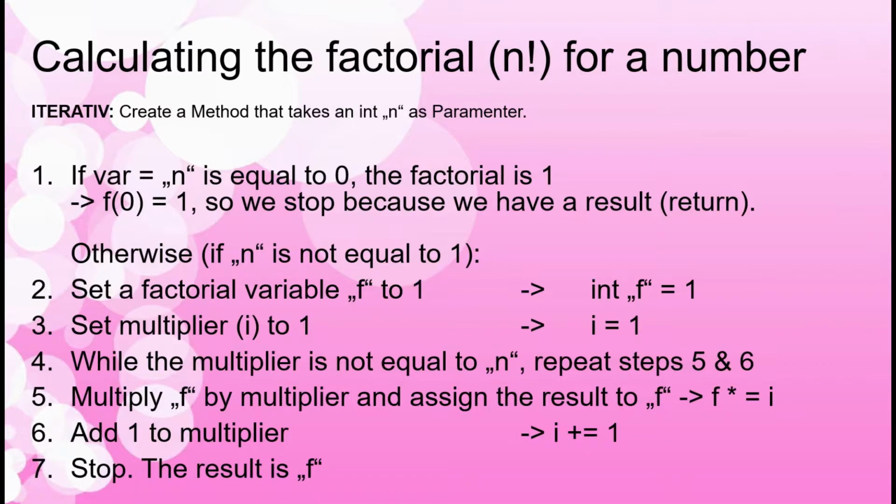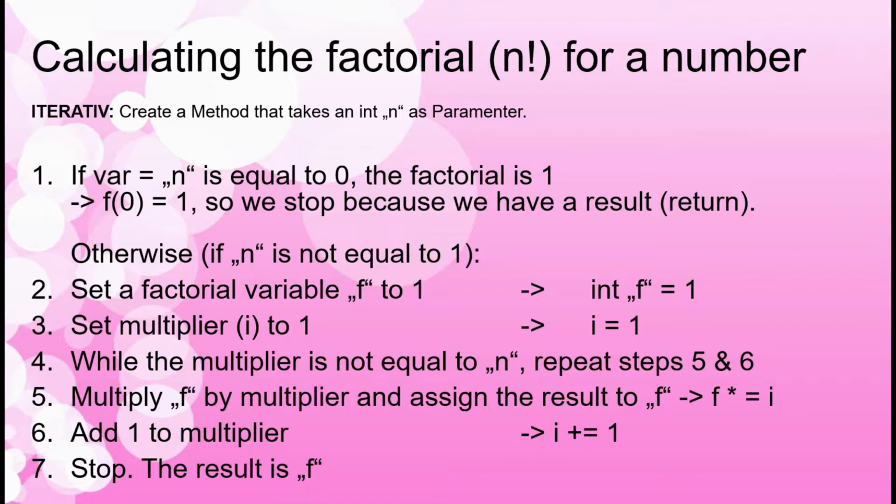Otherwise, if n is not equal to 1, you set a factorial variable f, for example, or you can name it whatever you want, to 1. Then we set the multiplier, i, to 1. While the multiplier is not equal to n, for example, if you have taken the number 3, if you set the number 3 as a parameter, while the multiplier is not equal to 3, you repeat steps 5 and 6.